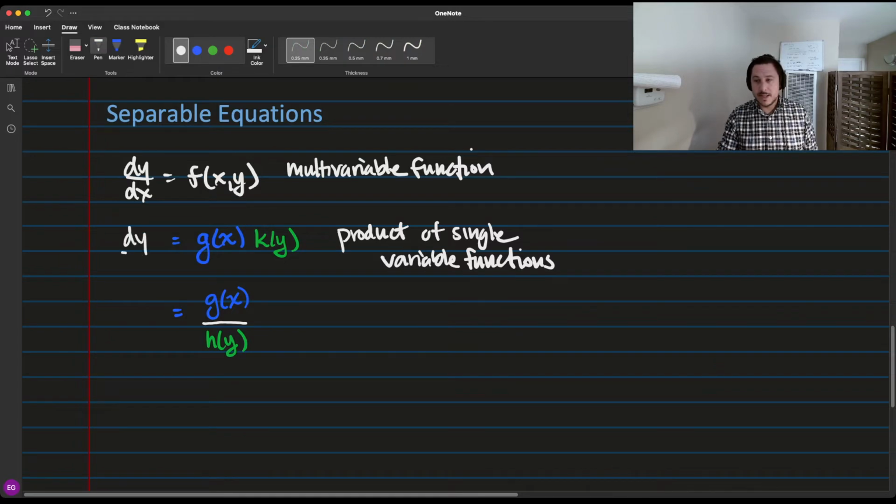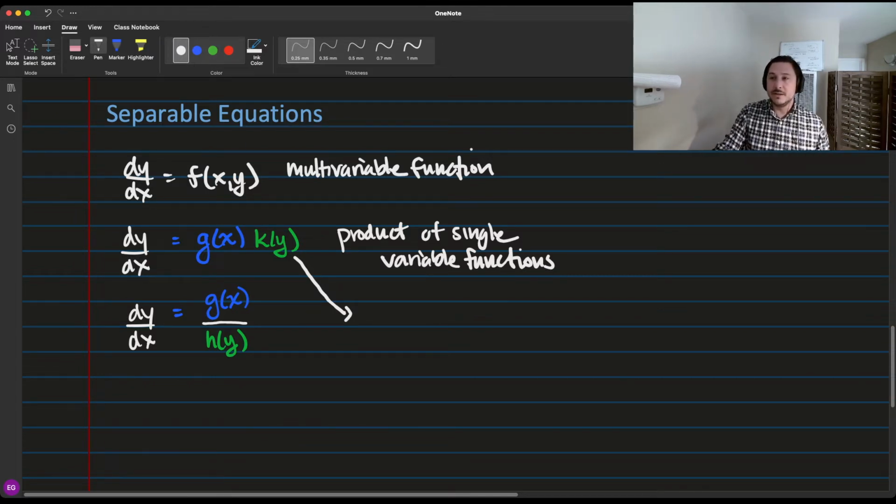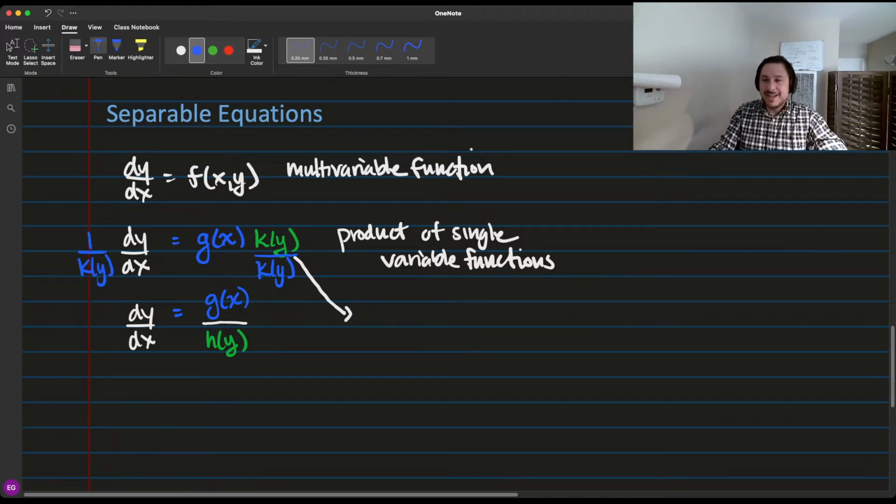Okay, so remember this is dy/dx equals g of x over h of y. Now notice that what you can do is divide both sides by k of y, and then multiply both sides by dx.